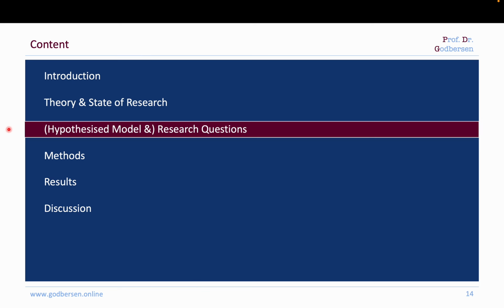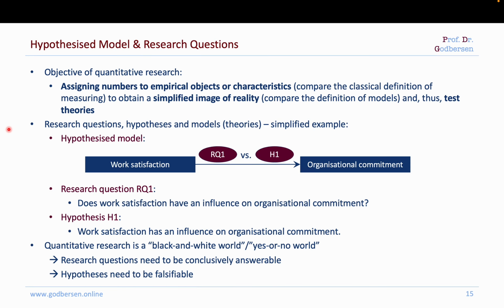Now, let's dive into what are hypothesized models and research questions. Back to the basics, quite often that is good in life. So what is measuring? Measuring is assigning numbers to empirical objects or characteristics. Just think of an online questionnaire and you have the question, with what gender do you identify?